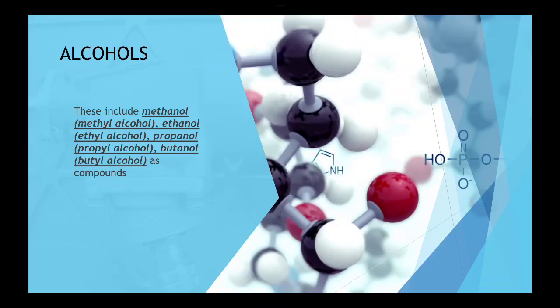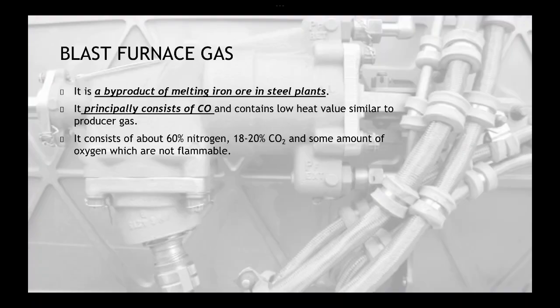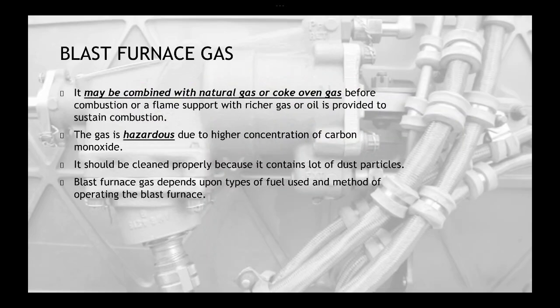Okay, let's move on to the blast furnace gas. Blast furnace gas is a byproduct of melting iron ore in steel plants. It principally consists of carbon monoxide, that's CO. Blast furnace gas can be combined with natural gas or coke oven gas.